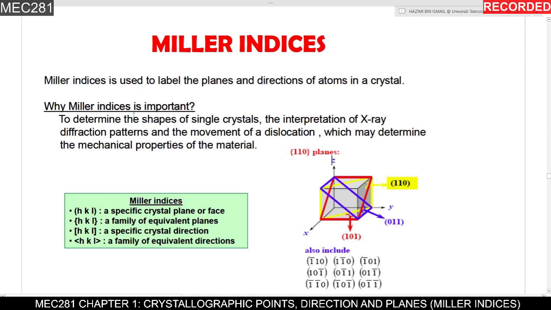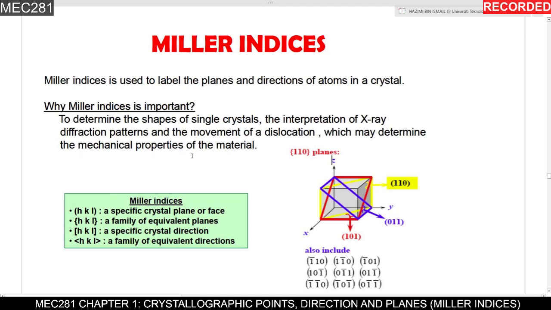Why is the Miller indices important? Because it is used to determine the shapes of single crystals, the interpretation of X-ray diffraction patterns, and the movement of dislocation. When you study the material itself, we have to know the location, the dislocation of the material, which may determine the mechanical properties of the material.